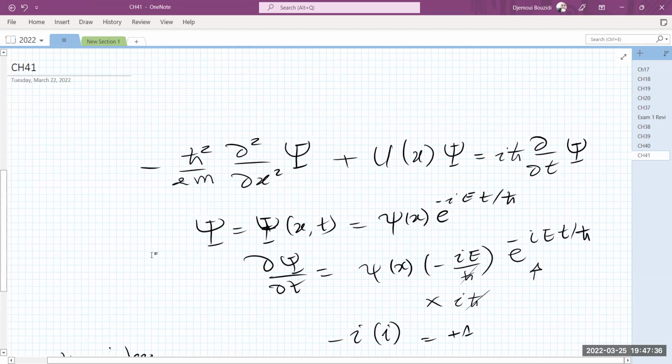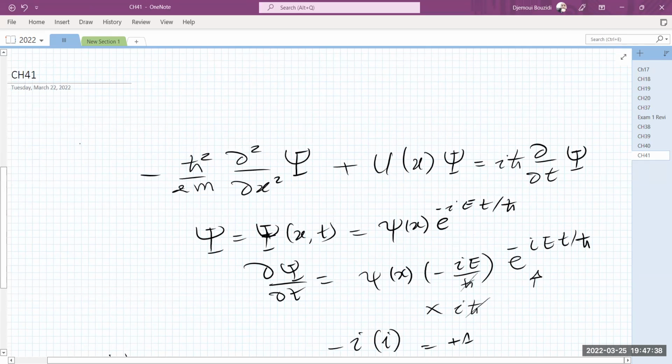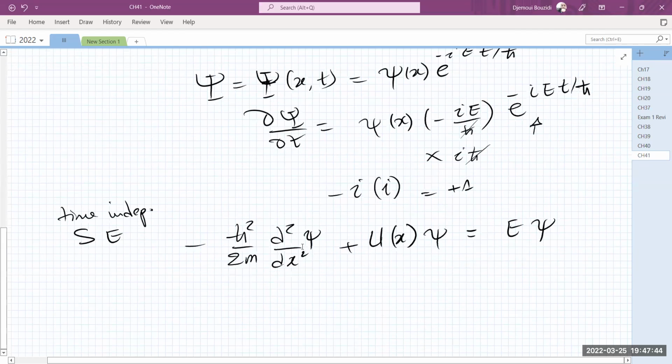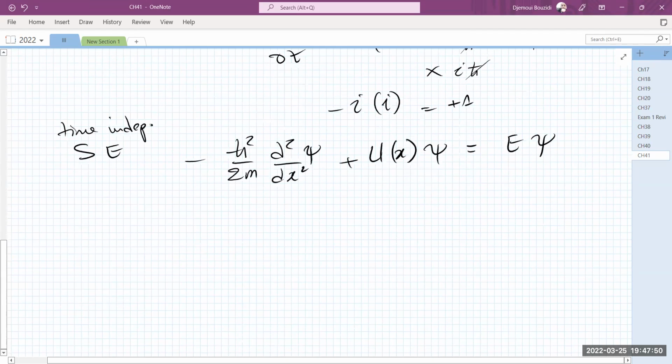And this one is the full-fledged Schrodinger equation that we worked in. The difference in this situation is that this term now depends on x. Let me explain what these terms mean.